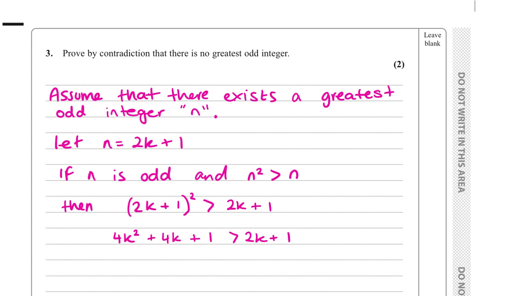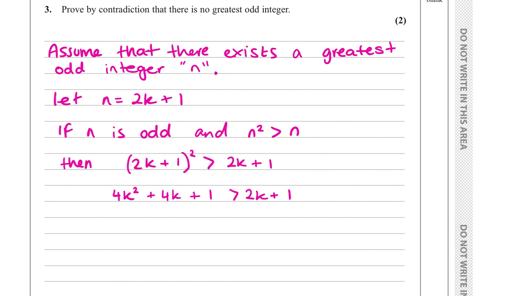Not quite. Okay? Now, essentially, how do we prove that the left-hand side is greater than the right-hand side right now? Take 4 common. Oh, never mind. We can factorize out 2. No. Yeah, 4 out of the 2k plus 1. 4k, we could factorize out 4k.